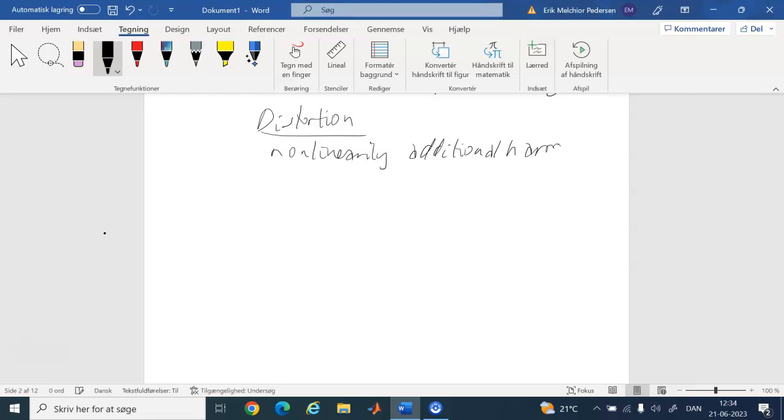There could also be some intermodulation distortion, but here it's about harmonics. A change in the waveform of a signal as a result of non-linearity.